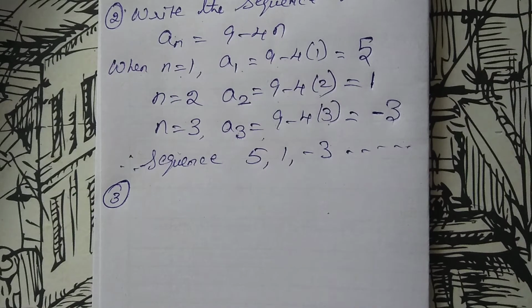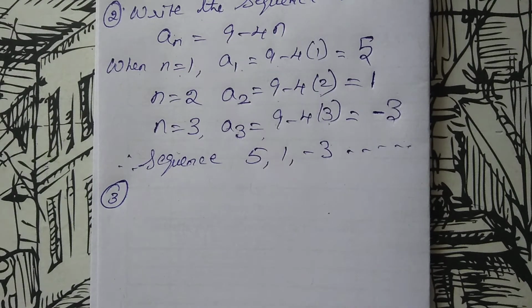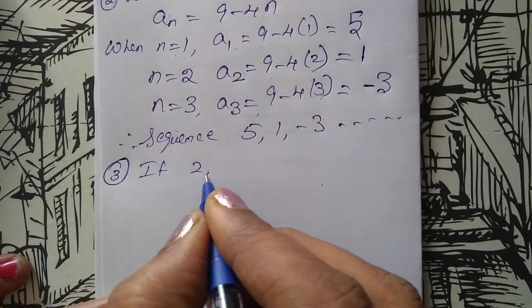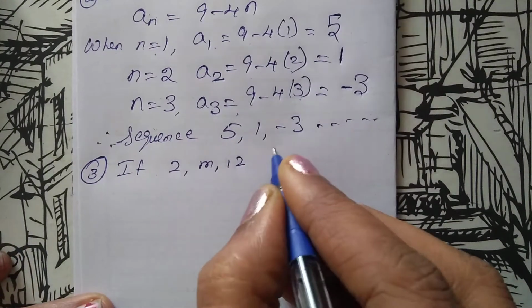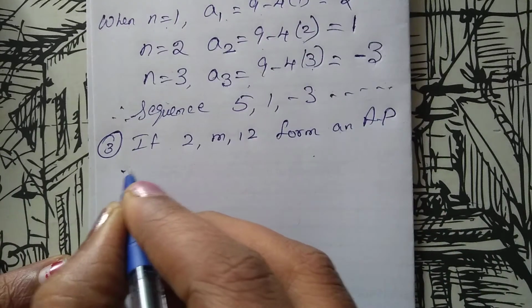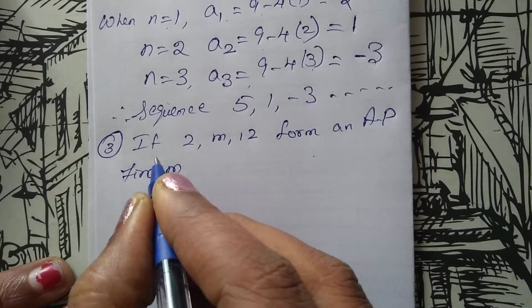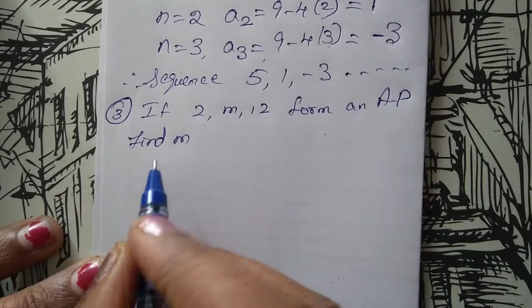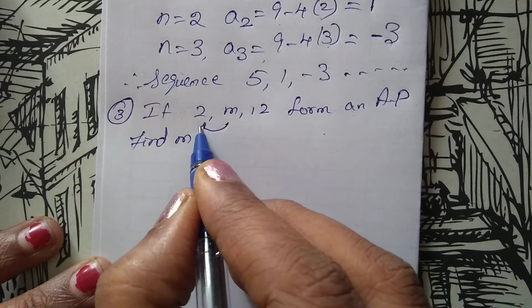So now the next question is, if 2, m, 12 form an AP, find m. So they have given that 2, m, 12 form an AP, is it not? So can I say the common difference is the same?